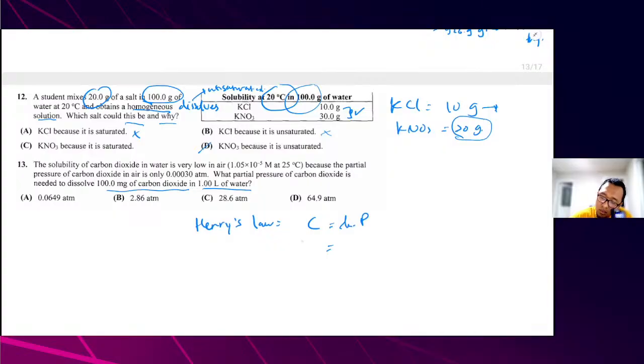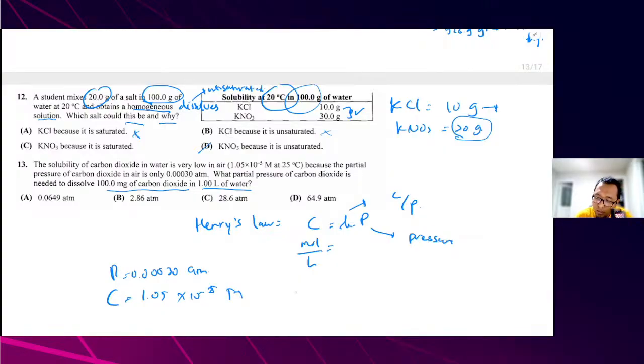C is solubility in mole per liter, P is pressure, and K is Henry's law constant, so K comes from C per P. Here P is 0.00030 atm, and the solubility C is 1.05 times 10 to the minus 5 molar.